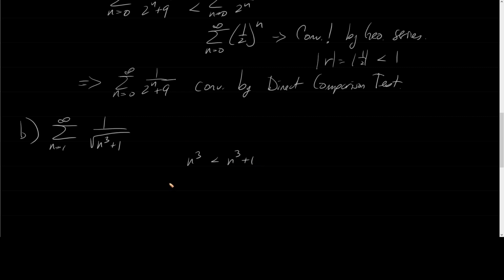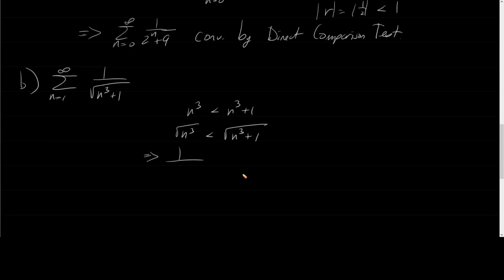So that tells us the square root of n cubed will be less than the square root of n cubed plus 1. And at that point, we can clearly say that if I divide both sides, like a cross division again, I end up with 1 over the square root of n cubed plus 1 being less than 1 over the square root of n cubed.